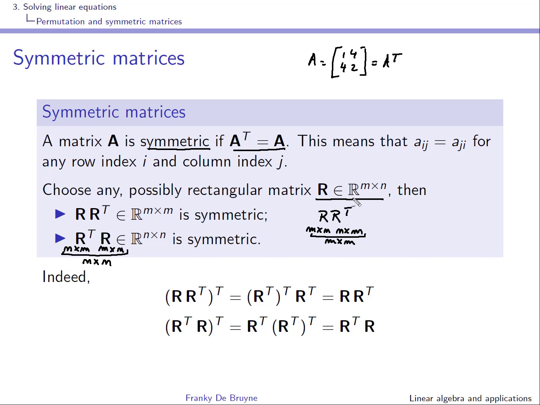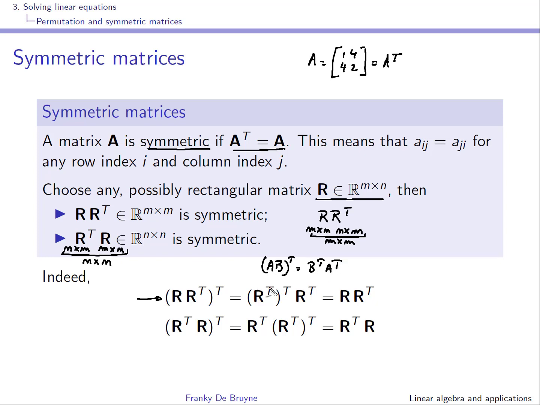We can, for instance, see that this one is indeed symmetric. If it is symmetric, then by taking its transpose you should obtain the same matrix. So let's take its transpose. Don't forget that (AB) transpose is equal to B transpose times A transpose.